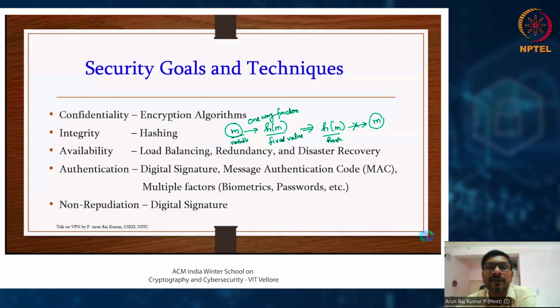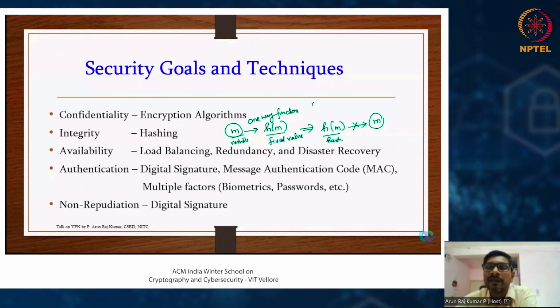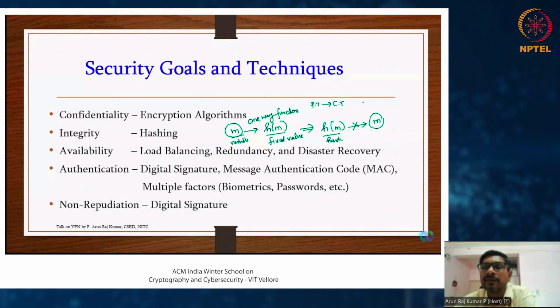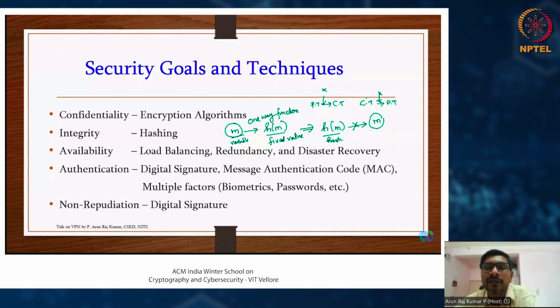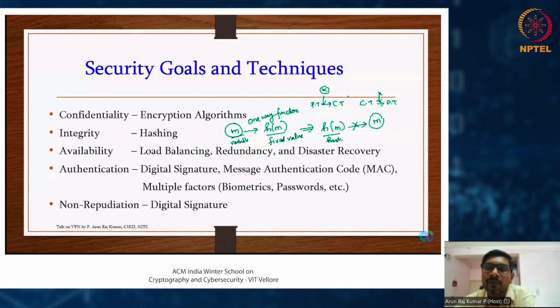Whereas in encryption, it's different. Given a plain text, you're able to generate a ciphertext, and given a ciphertext, you can also generate the plain text, because you have the key. It can be symmetric encryption or asymmetric encryption. In symmetric encryption, you use the same key for both.